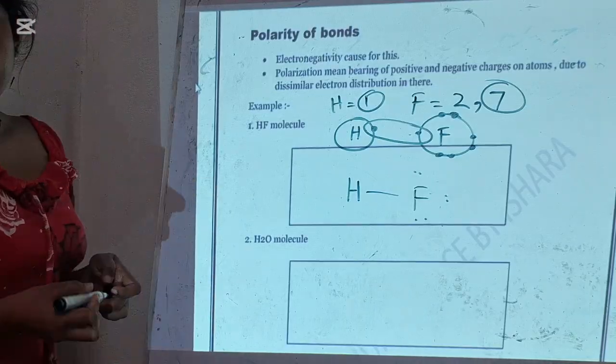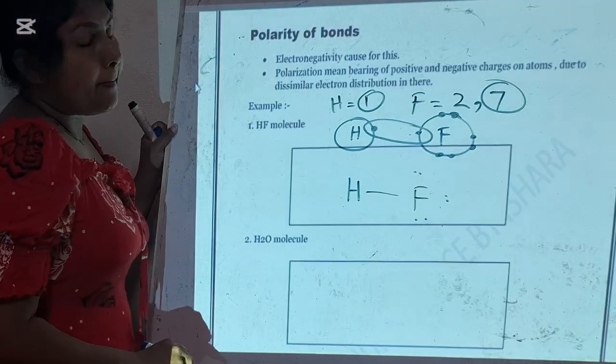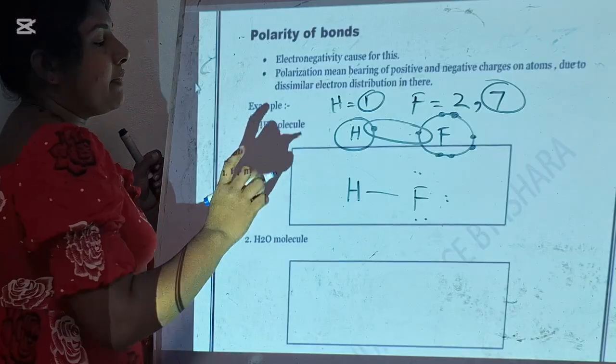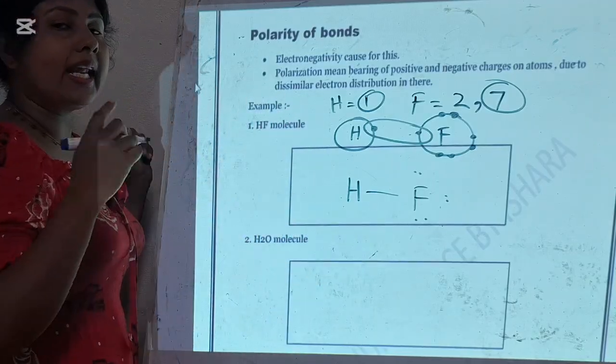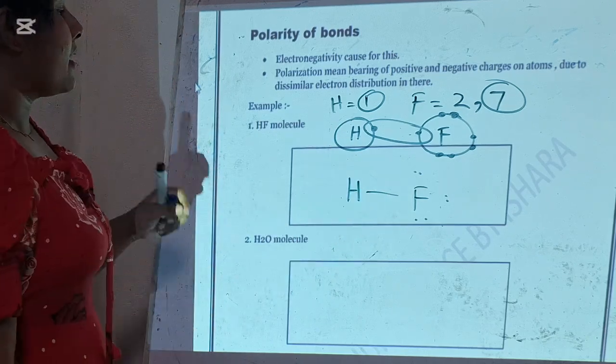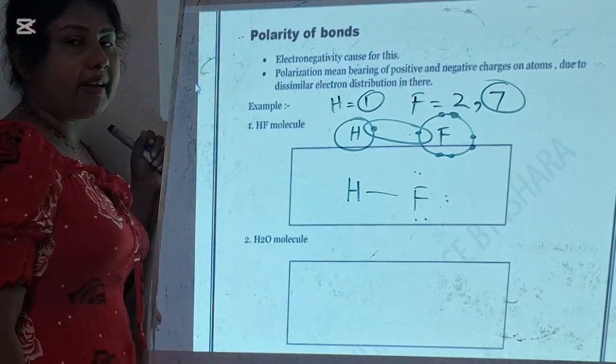Now what we need to do is mark the polarity. If we take the HF molecule, fluorine attracts the electrons in the bond towards itself. The reason is that the electronegativity of fluorine is higher than that of hydrogen.